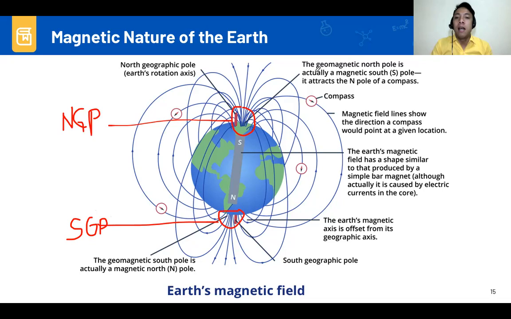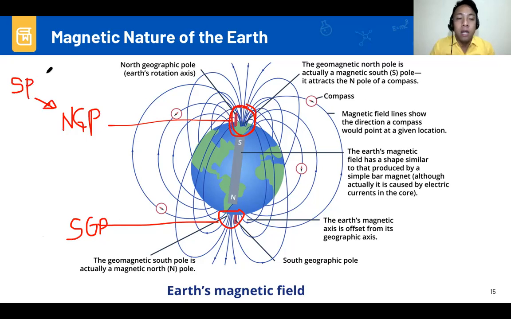It says here the geomagnetic north pole is actually the magnetic south pole. So yung explanation kanina, yung north part ng ating planet actually has what we call the south pole ng magnet.